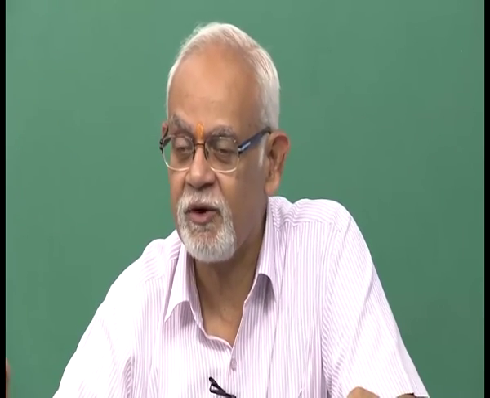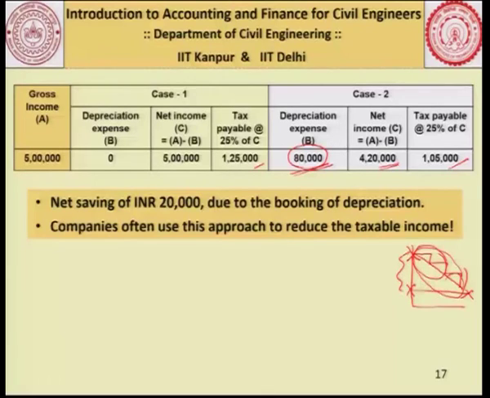It is the provisions that exist, and those provisions are being used to create assets. So, if there are provisions socially and legally which allow companies to invest in equipment and its maintenance, that is a perfectly legitimate way of doing business. So, companies often use this approach to reduce the taxable income.